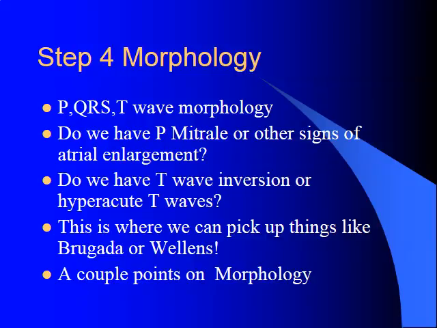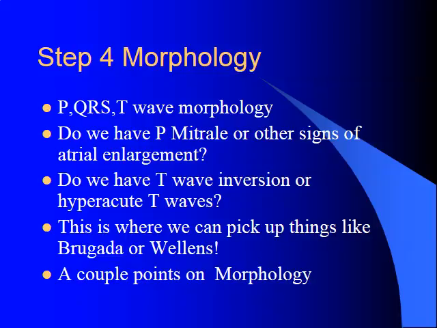Step 4. This is where we're going to check our PQRST wave morphology. We will check for P mitral or P pulmonale, which we'll look at examples of shortly. These are findings that you'll see in atrial enlargement.